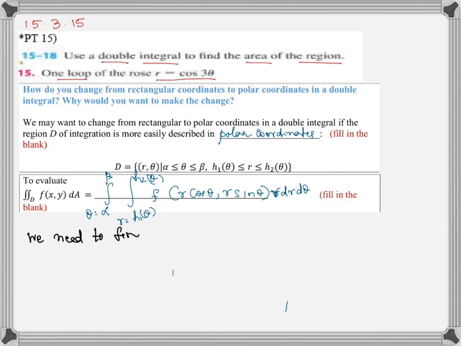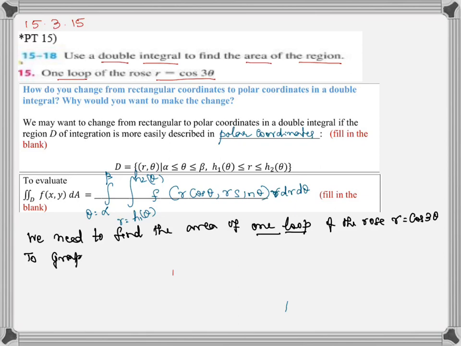So we need to find the area of one loop of the rose r equals cosine of 3 theta. To graph the polar curve, set r equal to 0, cosine of 3 theta equal to 0.